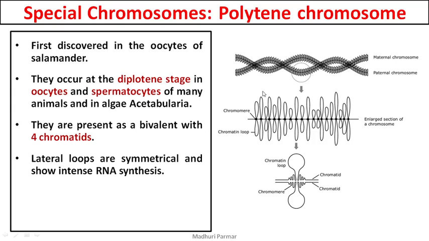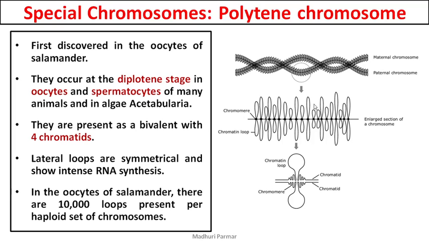DNA will be looping out, and these loops are equal in length. Fine. So these loops are the parts or the points where there will be presence of genes, and from these loops or from these genes the mRNA will be made. So it is symmetrical, that is same on both sides, and from these places the mRNA is made.